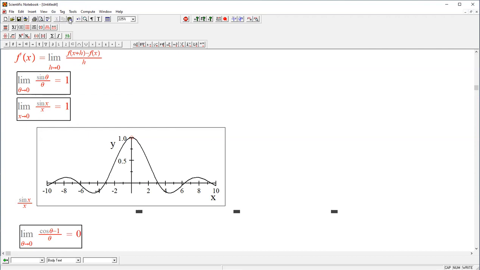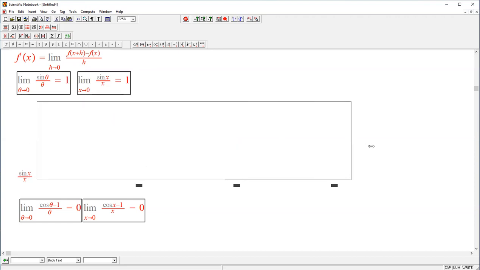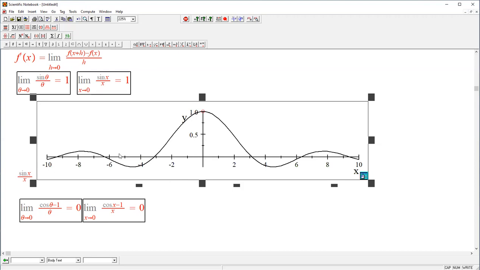They're the same thing, really. X and theta are just placeholders. So you look at this function, sine x over x, the entire curve from -infinity to +infinity, with domain: x cannot be 0. We need to understand that.